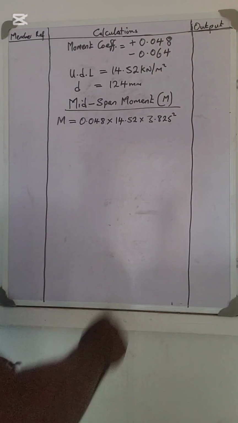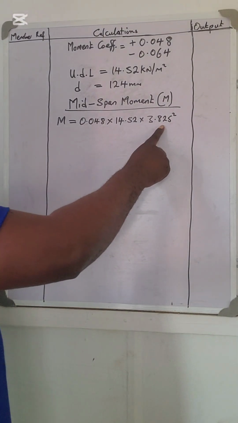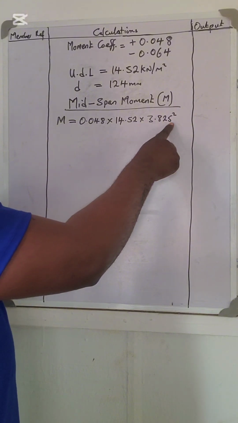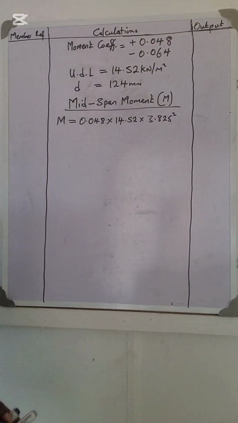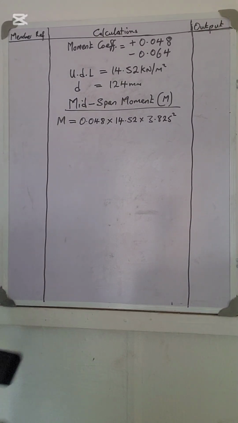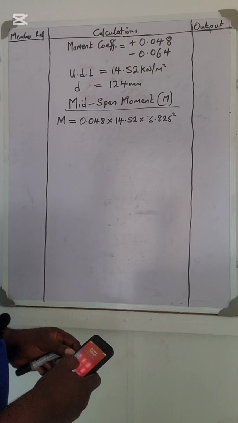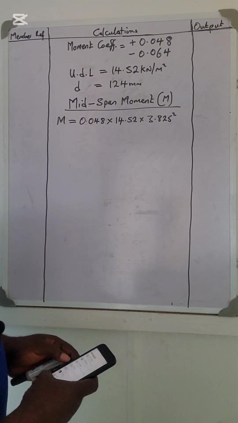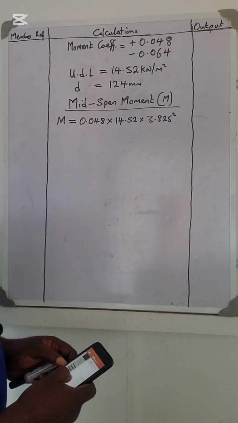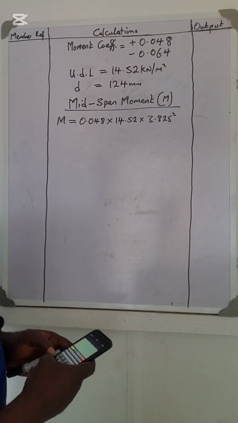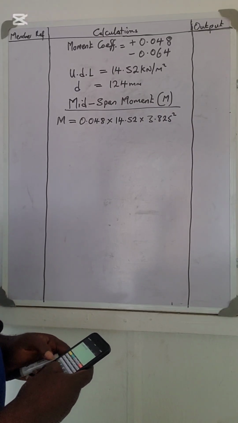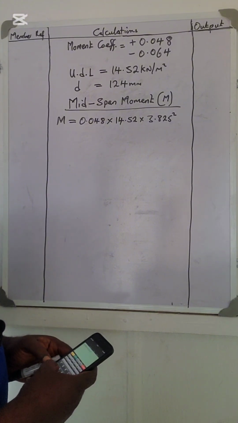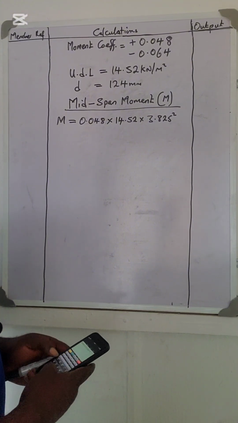All right, you want to know how we got this span? Go to the previous class. The panel slab is 3.825 by 7.025. So where is the shorter span? When we go to the calculator, I'm going to have 0.048 multiplied by 40.52 multiplied by 3.825 square.